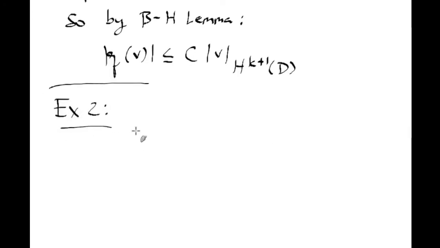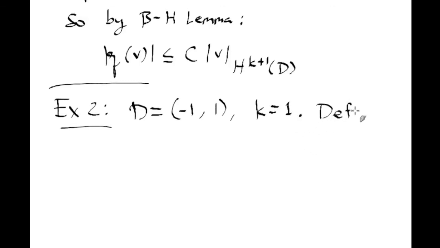So next up, we have example 2. I'm just going to pull it out. This one's a little bit more concrete. We're going to let D be the interval minus 1 to 1. We're going to let k be 1.